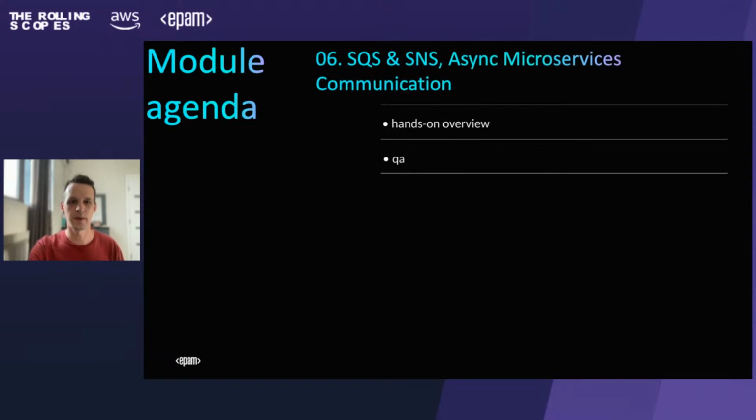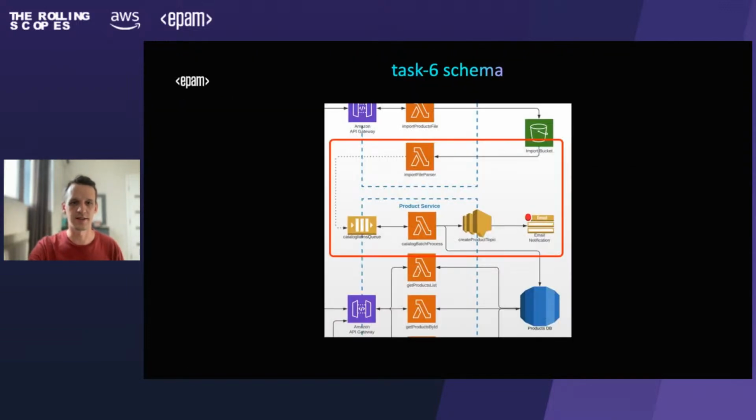Okay, let's take a look at the schema which we have for this task. As you can see, there are only 2 Lambda functions. And one of these Lambda functions we actually did in task number 5. It was responsible for importing the files, but actually it was not importing anything.